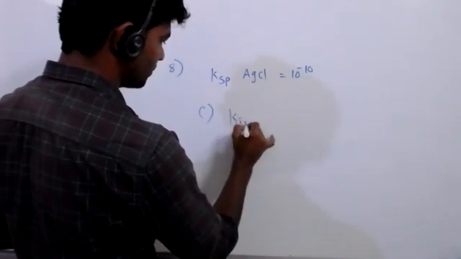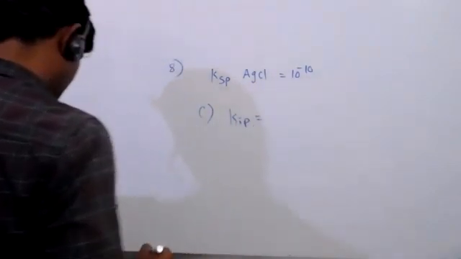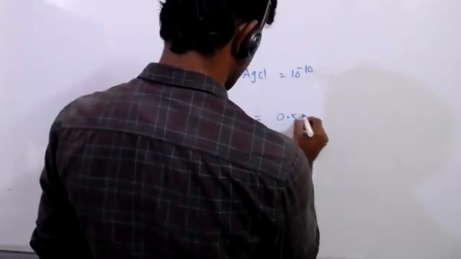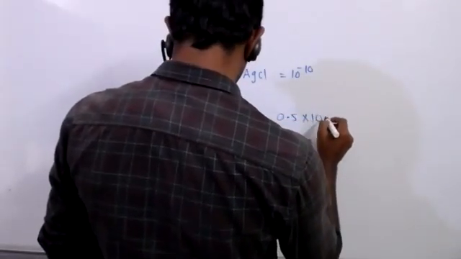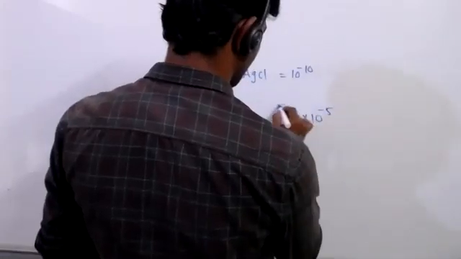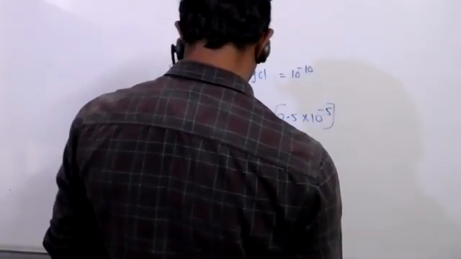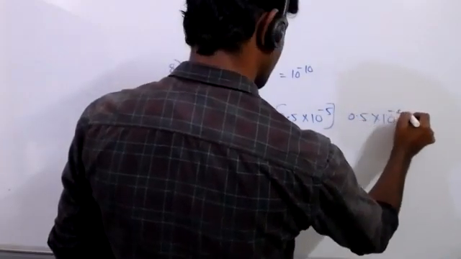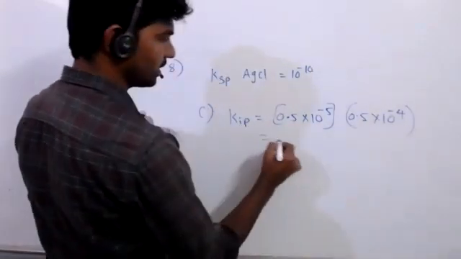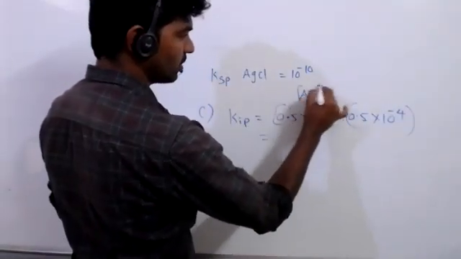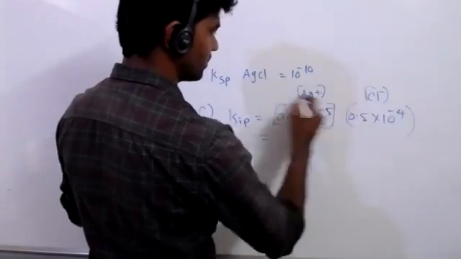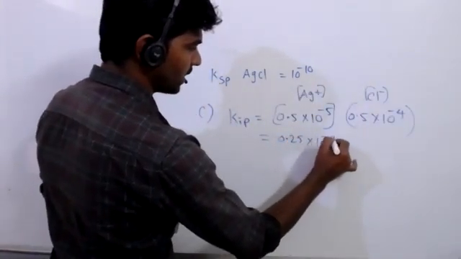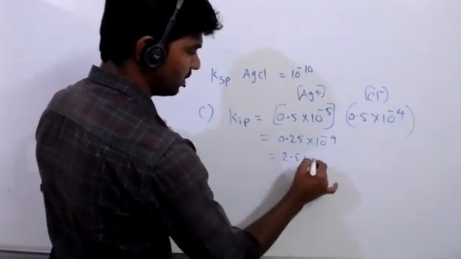Option C, ionic product. 10 power minus 5 M of AgNO3, so this is 0.5 into 10 power minus 5 of silver concentration, into 0.5 into 10 power minus 4, the Cl minus concentration. I'm multiplying these both, which gives 0.25 into 10 power minus 9, that is 2.5 into 10 power minus 10.